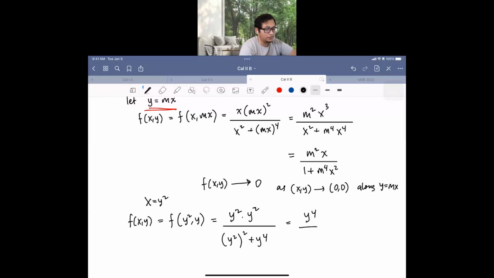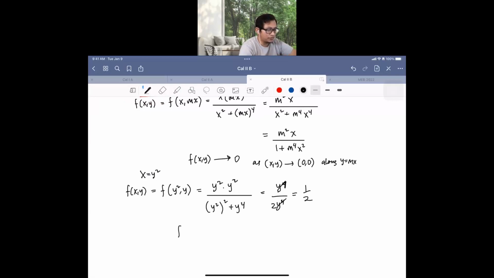We will have this will be 1 over 2. And again, because f(x, y) goes to 1 over 2 as (x, y) goes to 0, 0 along x equals y squared, then the limit doesn't exist.